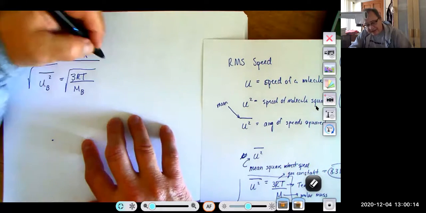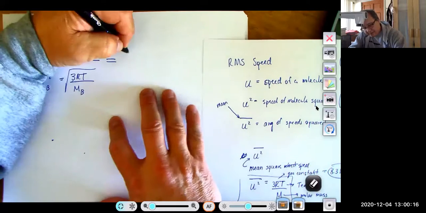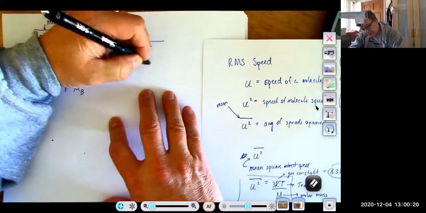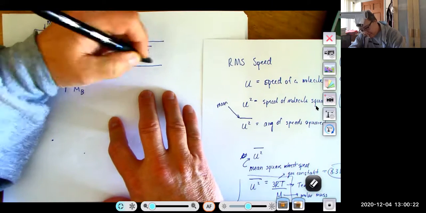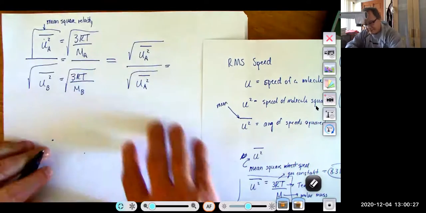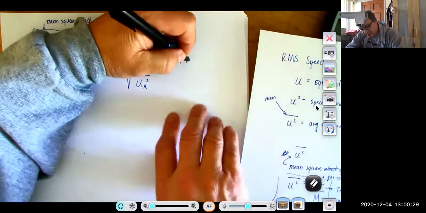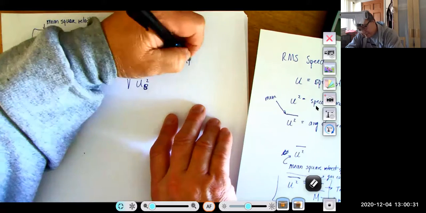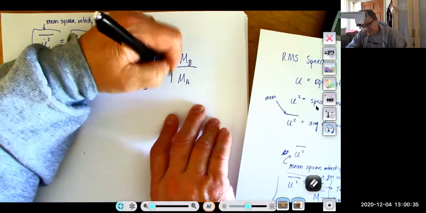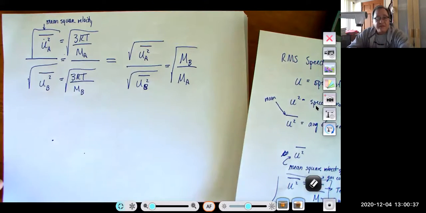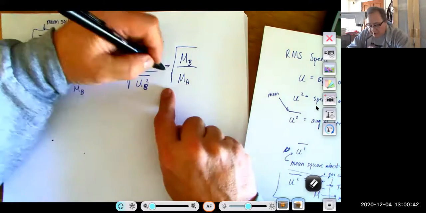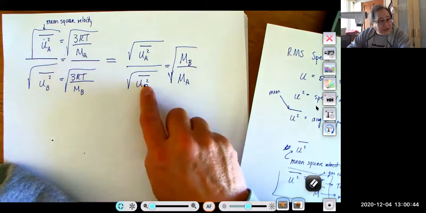So when we clean this up, we get... now you'll notice I put everything underneath the square root over here and I did not do that over here.